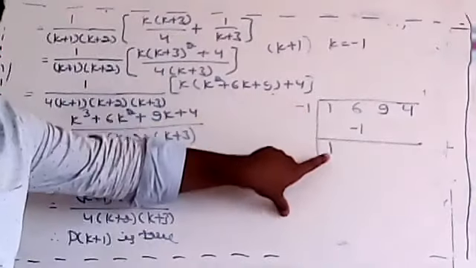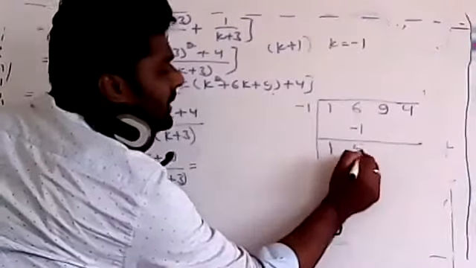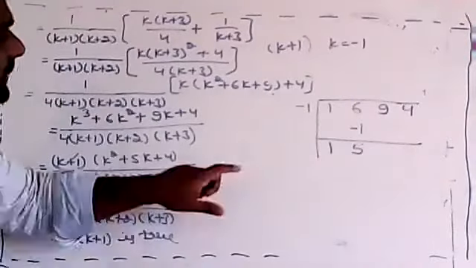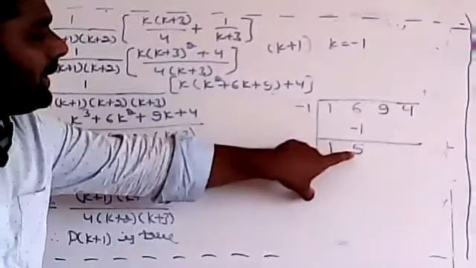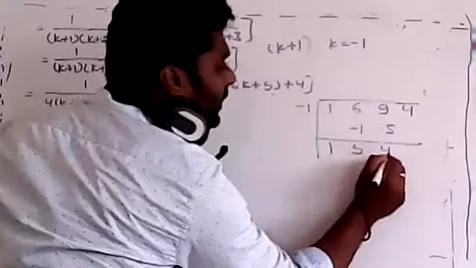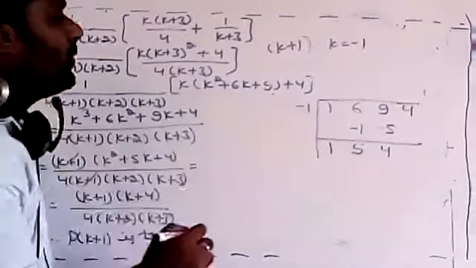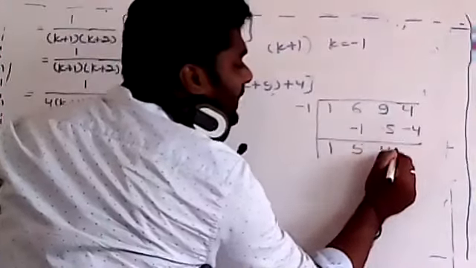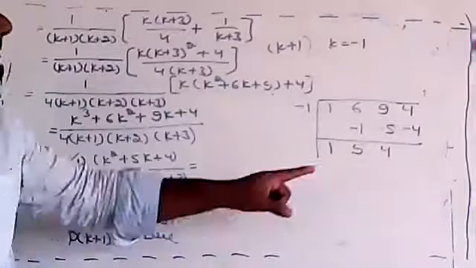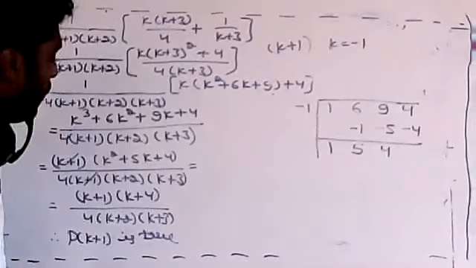Minus 1 into 1 is minus 1. So 6 minus 1 is 5. Then next, minus 1 into 5 is minus 5. 9 minus 5 is 4. Same thing. Minus 1 into 4 is minus 4. The last term should be 0 only. See, 4 minus 4 is 0 only.